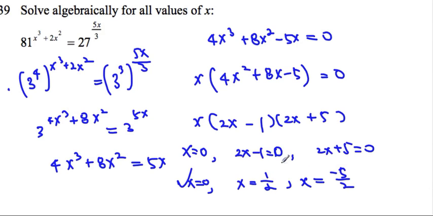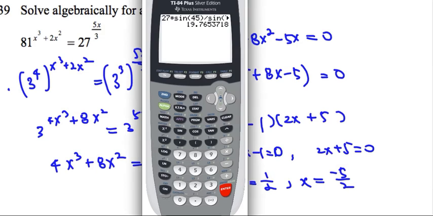If you plug in 1/2, I'm just going to do this one here: 81 to the 0.5 to the 3rd power plus 2 times 0.5 squared. That's basically what we end up getting. Let's see if you get the same thing on the right side.